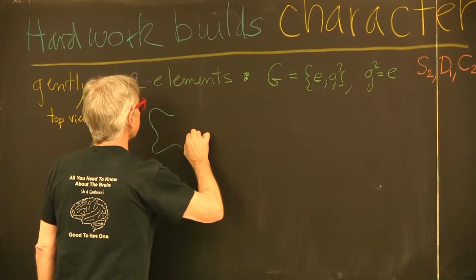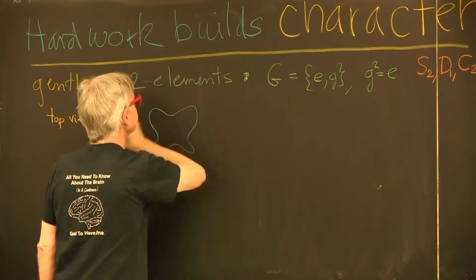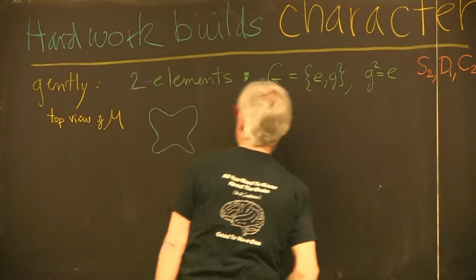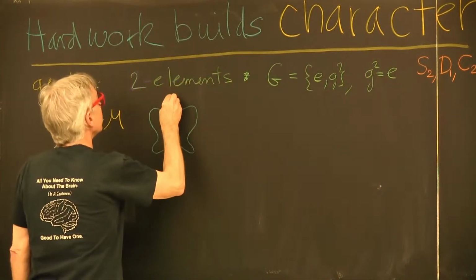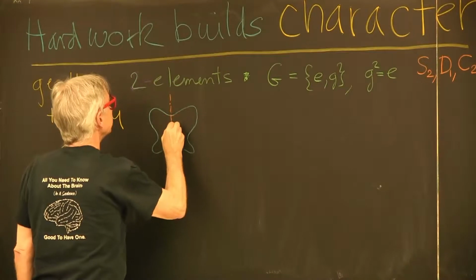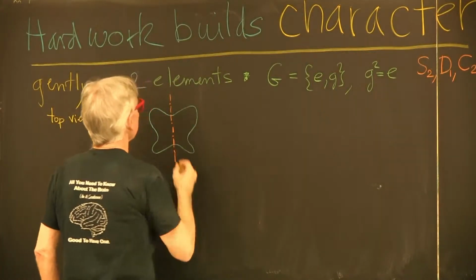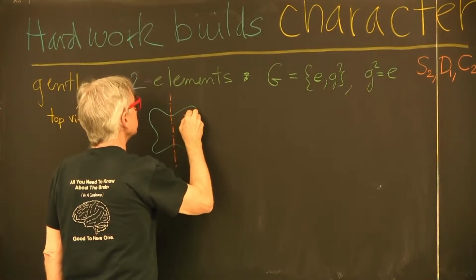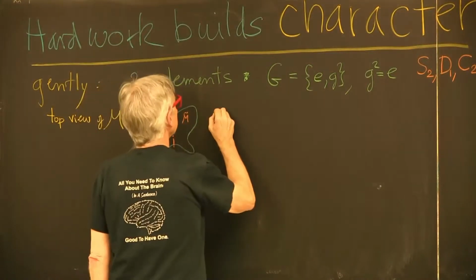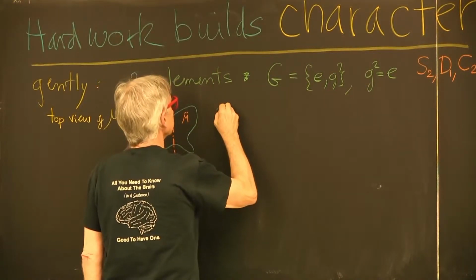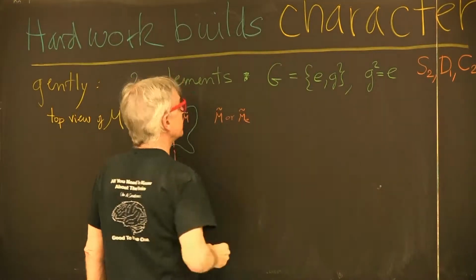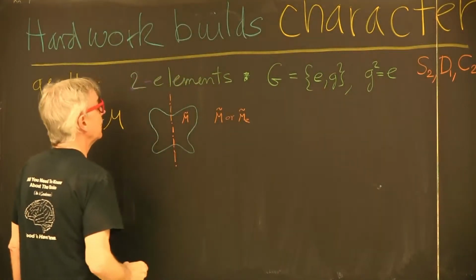And let's say it looks like some kind of butterfly or something. So it's one of those biological things which have a symmetry axis. And if you know what's happening on the right-hand side, we'll call it M tilde. You'll see why in a second.